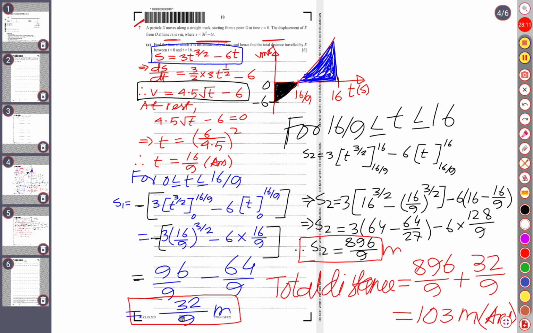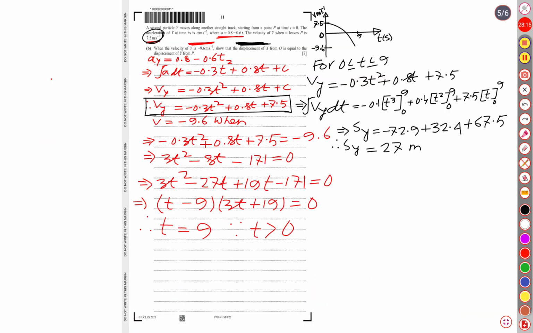So we can just copy this expression for sx. sx is equal to 3t raised to 3 over 2, with time limit 0 until 9, minus 6t.